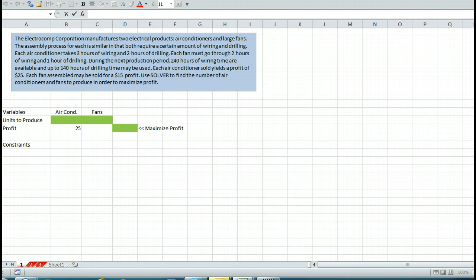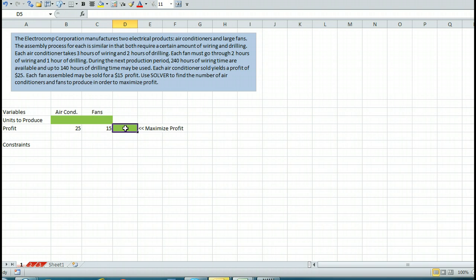Then the first thing I would suggest that you do is write a formula for profit. So profit is going to be the number of units of air conditioners that we produce times 25, because every air conditioner that we produce is $25 profit. And every unit of fans that we produce is going to have $15 profit.